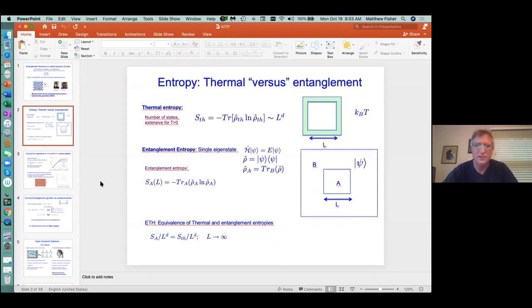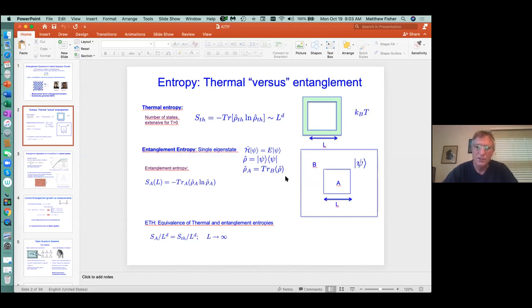In looking at non-equilibrium dynamical systems, it's often useful to look at entanglement entropy, which is what we will be doing here. Just to remind you, thermal entropy basically counts the number of states, and at finite temperature for an equilibrium system it is extensive. The entanglement entropy is a property of a pure state psi that lives in some big region. It could be an eigenstate of a Hamiltonian.